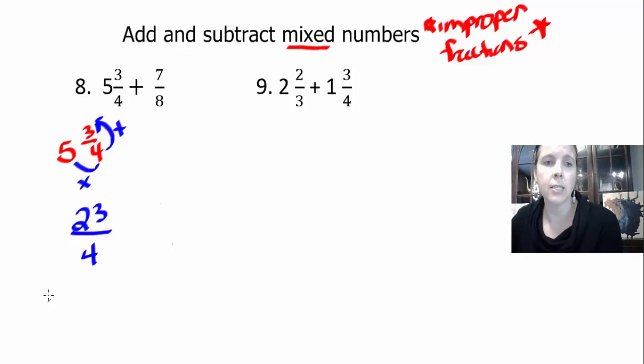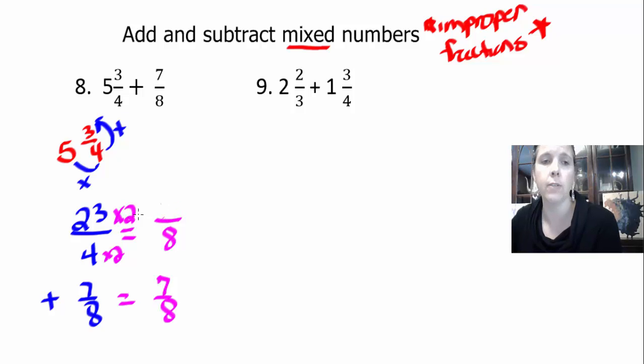Plus 7/8, we have to find a common denominator. Our common denominator is going to be 8. So this would stay as 7/8. 4 times 2, 23 times 2. Oh my gosh, you have to do multiplication. What is that, 46? Right, and we're adding.